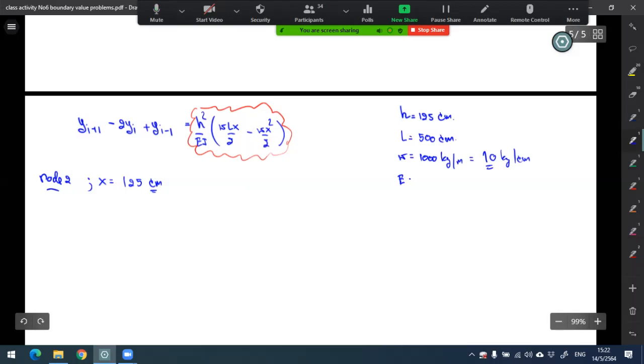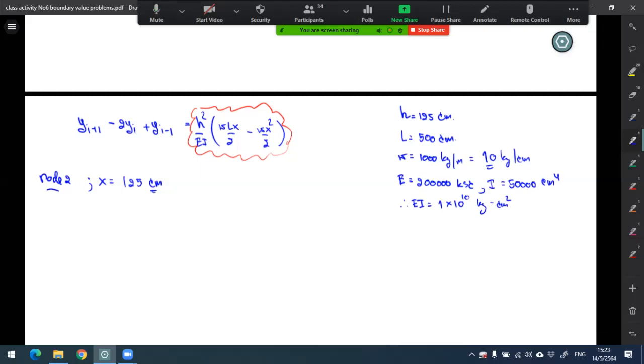E is 200,000 KSC, and I equal to 50,000 centimeter power 4. So we can conclude that EI becomes 1 times 10 power 10 kilogram centimeter square.